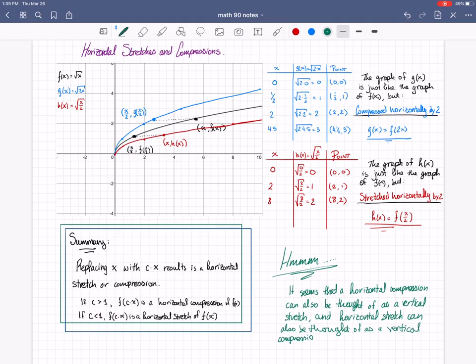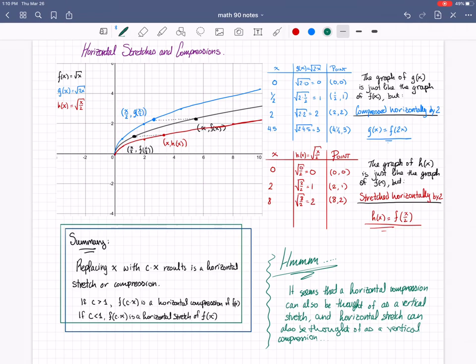So if you have that nagging thought, you are onto something. The reason that we don't really stress this very much is that, yes, a horizontal compression by a factor of 2 could also be thought of as a vertical stretch, but it's not a vertical stretch by a factor of 2 necessarily.